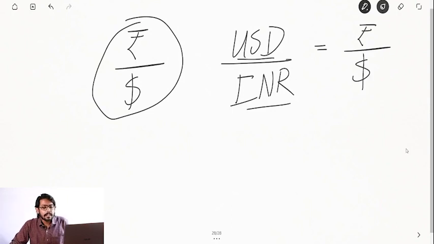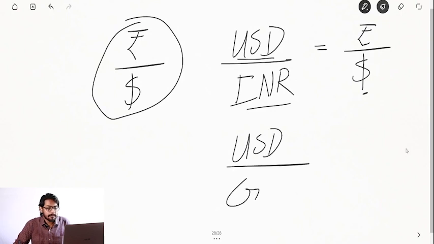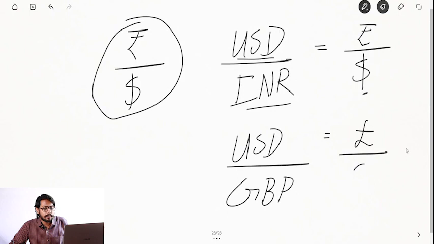Similarly, if they give USD by GBP, GBP is Great Britain pound, USD by GBP is pound by dollar. So it has to come in reverse.